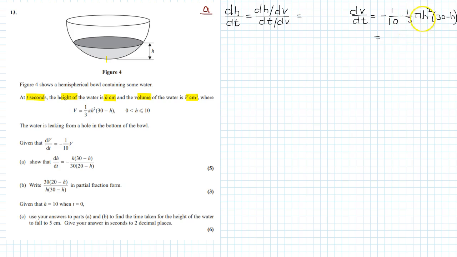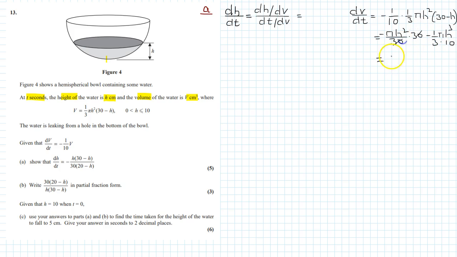So this will be pi h square over 30, multiplied by 30 minus h. Are we really going to get this answer? Anyway, let's see. 30 h square over 1 over 3 pi h cube multiply 10.